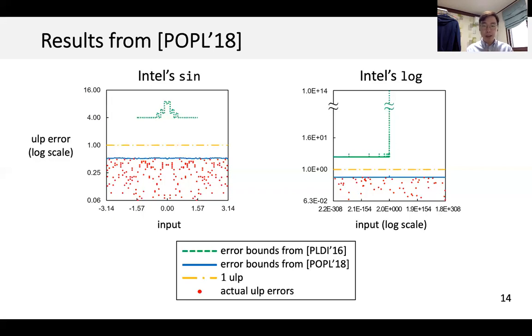The blue lines show our error bounds, and you can see that our bounds are well below the 1 ulp error that we wanted to prove. The red dots represent the actual ulp errors, and you can see that our error bounds are quite tight. So these are the main results.